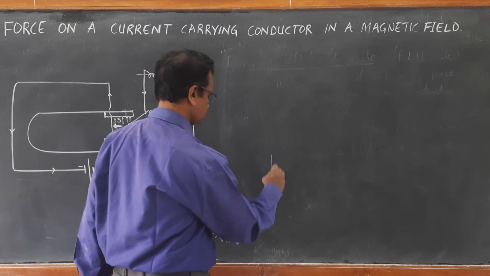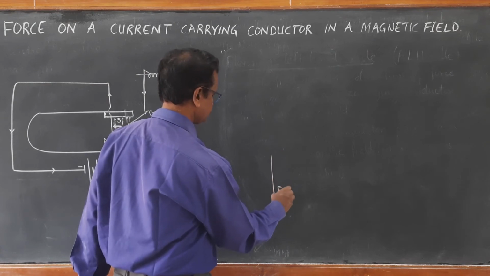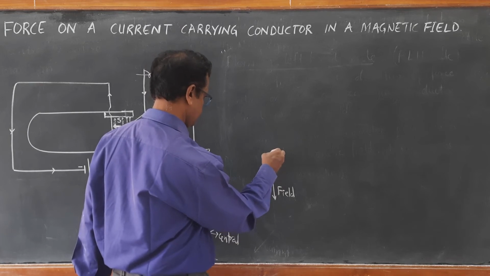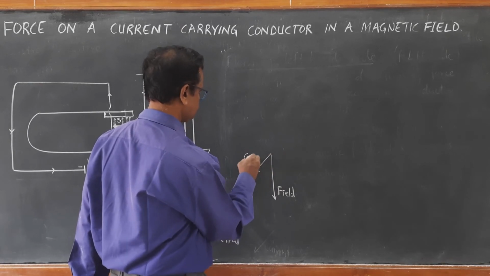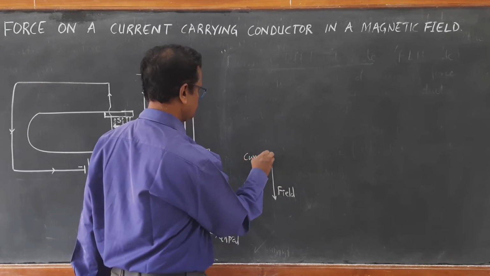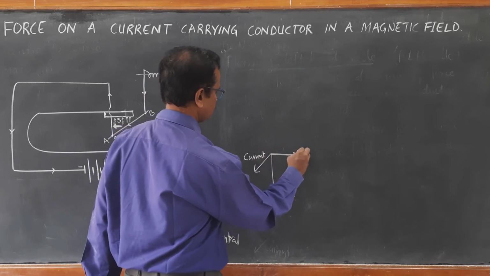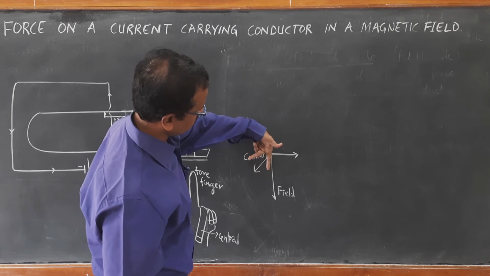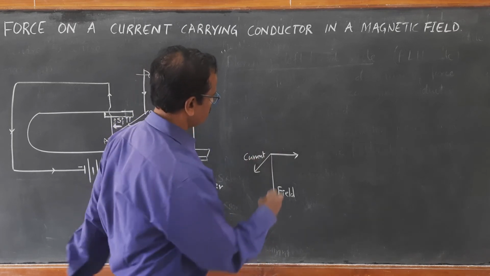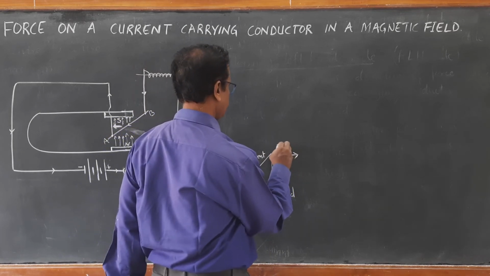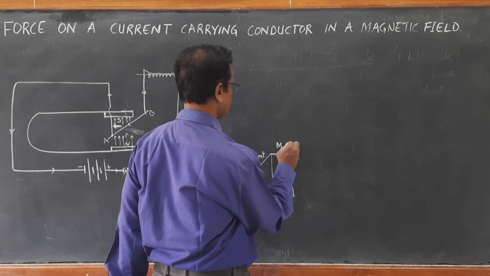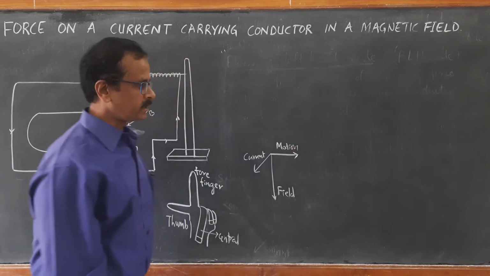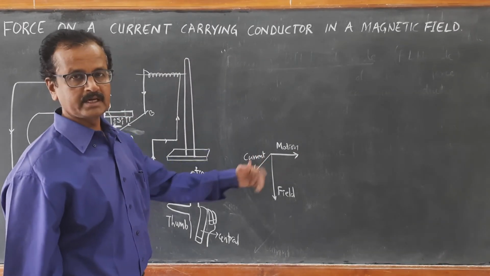So if this is the field, and this is representing current, the central finger, then this gives you the direction of the thumb, you see. This is field, current, and this is the thumb. The thumb gives you the direction of motion of the current carrying conductor.